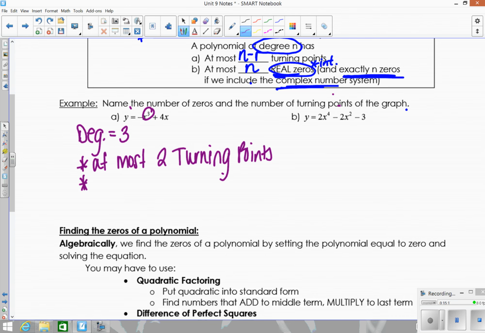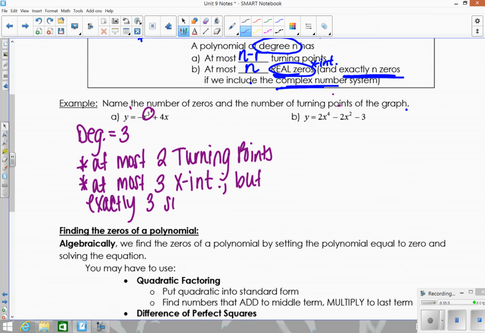And we would have at most 3 x-intercepts, but exactly 3 solutions. So if you were to solve this, you would have exactly 3 solutions, because that means you would be including the a plus bi scenario, any kind of complex numbers.